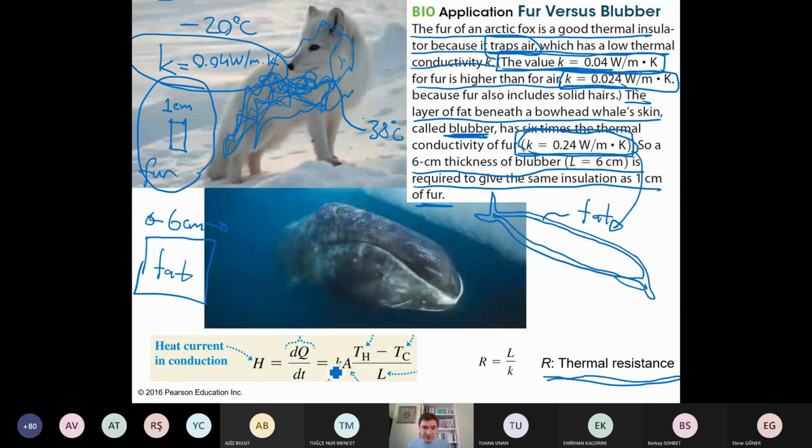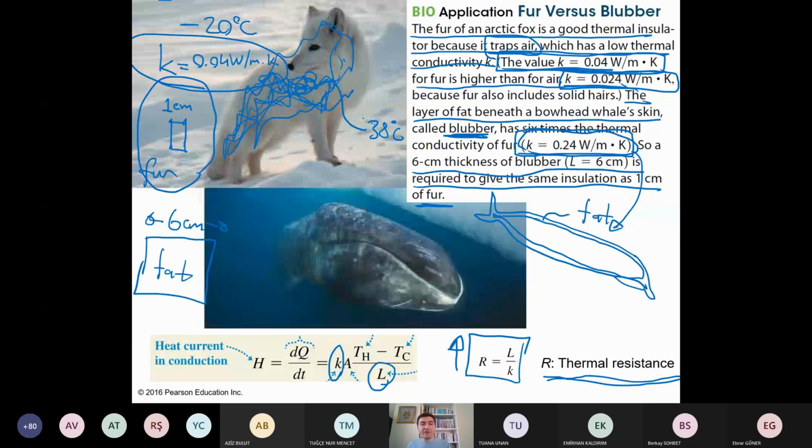Here, within this equation, we have K, thermal conductivity, and here we have length, thickness, okay? Length of the rod or thickness of the fat, thickness of the fur, let's say. So if you take this L over K, this gives us the thermal resistance.